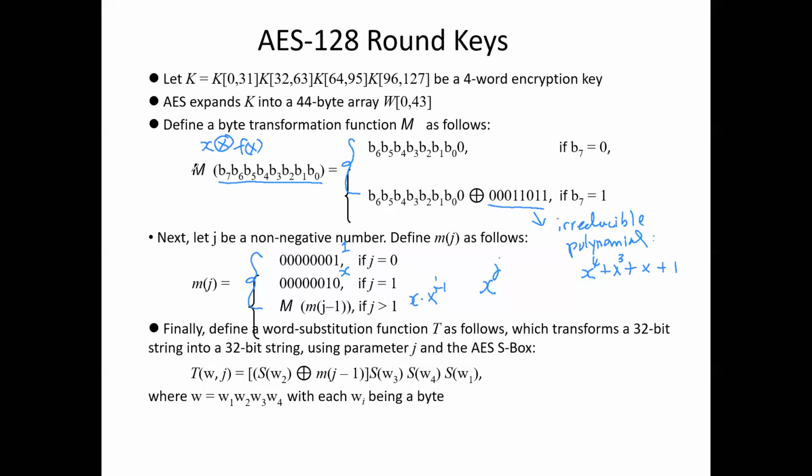That's why you use capital M. That's how you got these two basic operations. What we want to see here is how these subkeys, round keys, are generated. We first define this T of W comma J, and W is a byte.